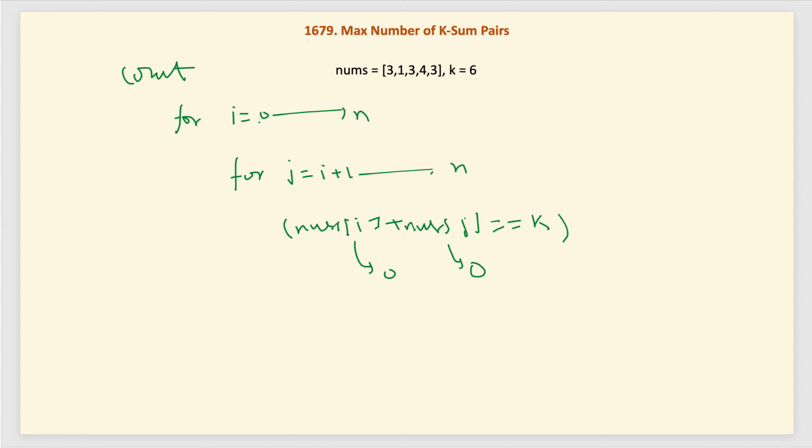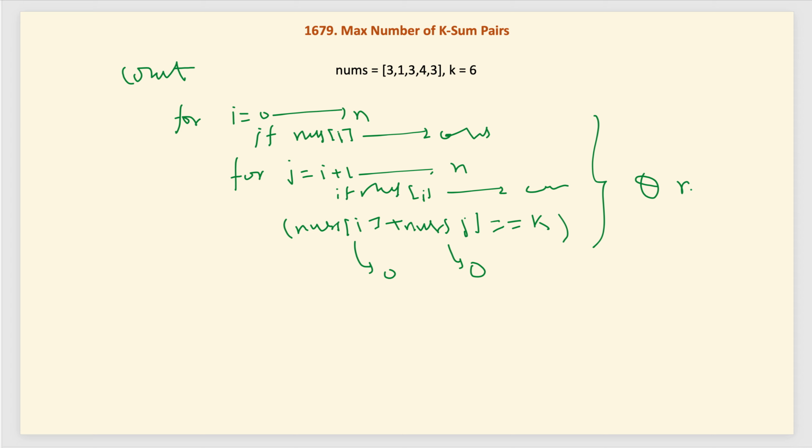Once we select, we have to put another condition: if nums of i is 0 then don't go inside, just continue, and similarly if nums of j is 0 before checking this, then continue. So this is one approach, but the time complexity of this solution will be O of n square.